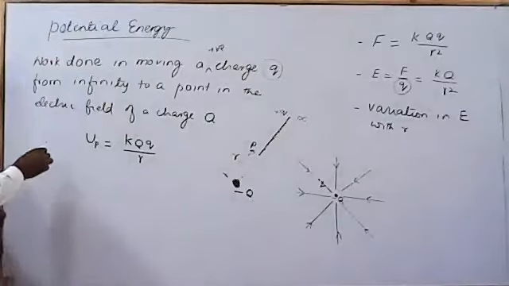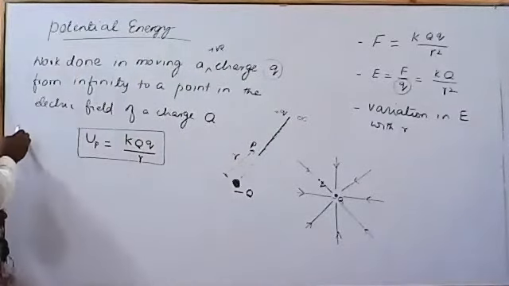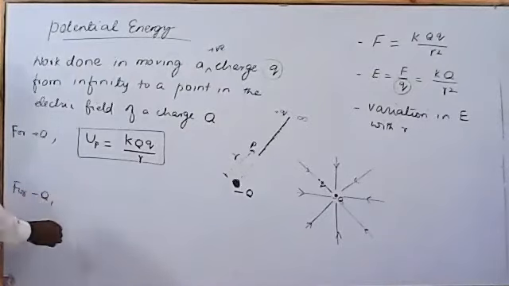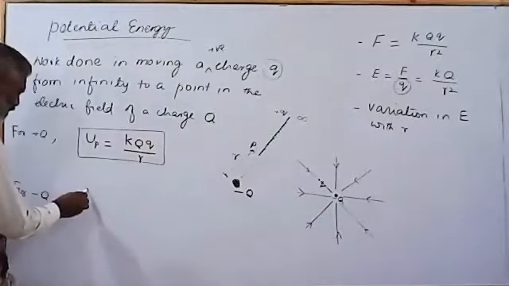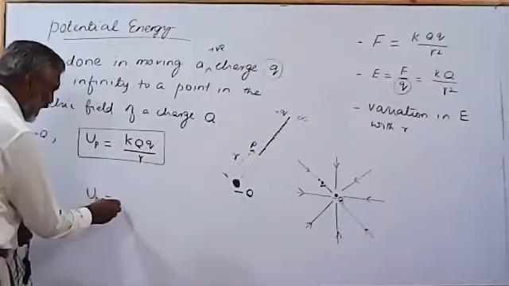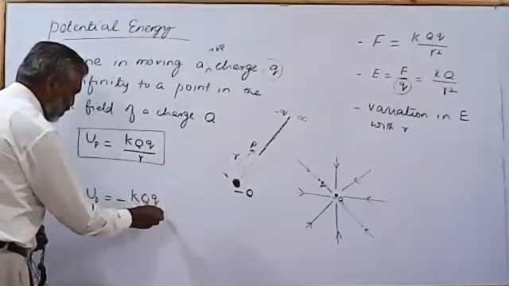And this expression also changes. While this is for positive charge Q, for negative charge minus Q at the center, this electric potential energy is a negative quantity now, k q Q over r.